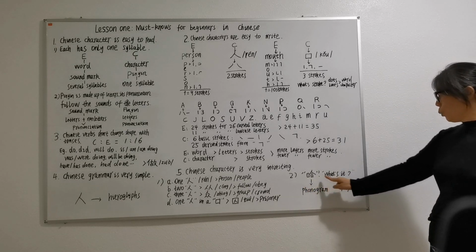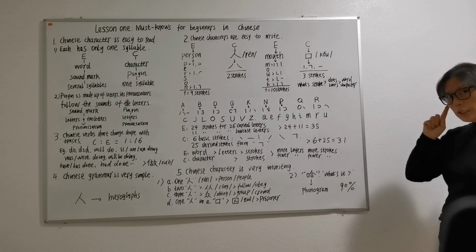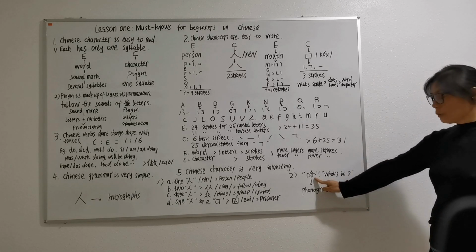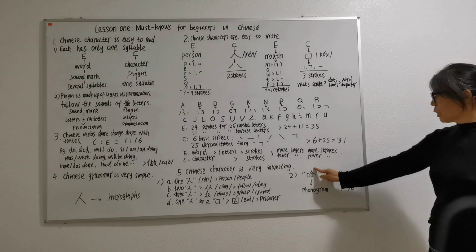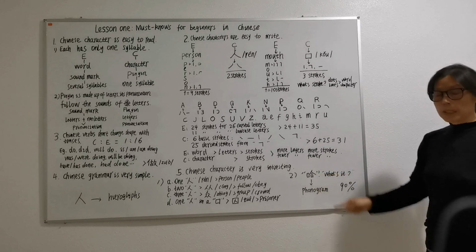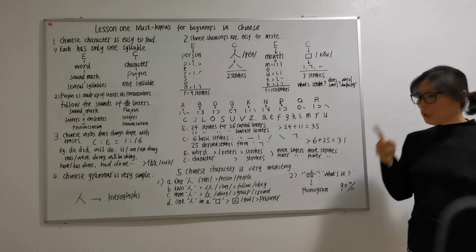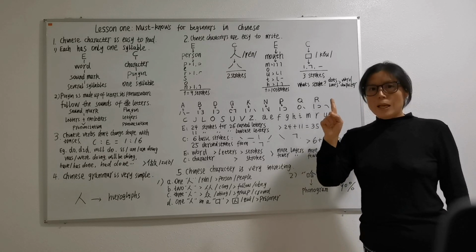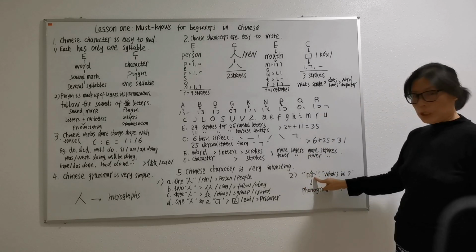Now we go to this character. Can you guess what it is? Let's look. On the right side, the top is a Ren, Chinese person. The middle is a horizontal stroke, meaning Chinese one, and this is a mouth.